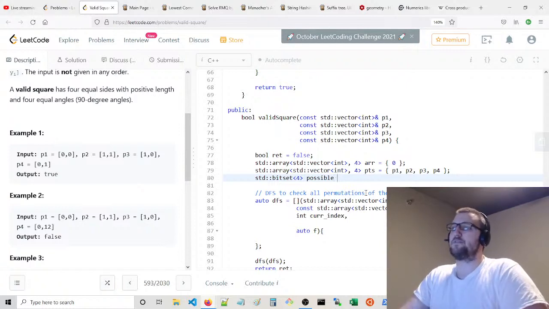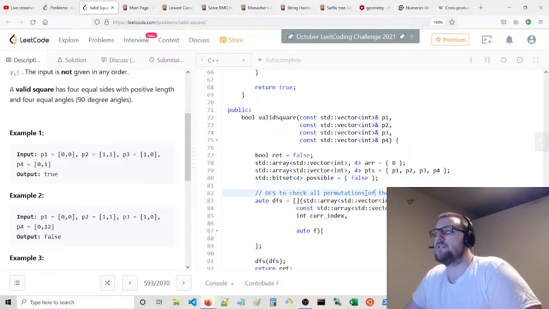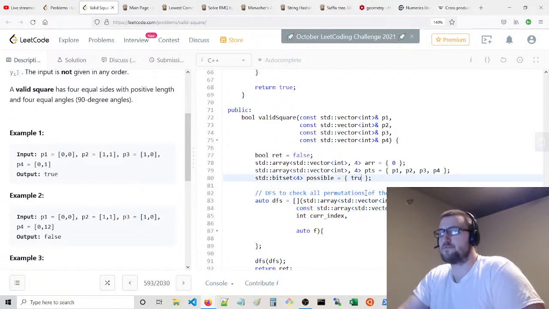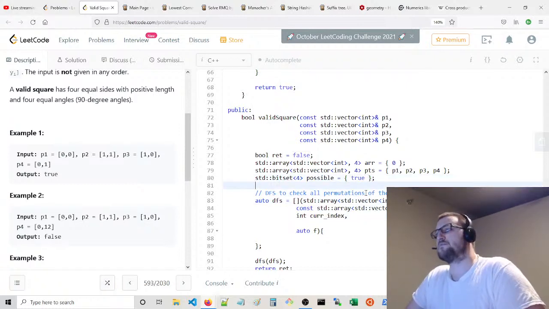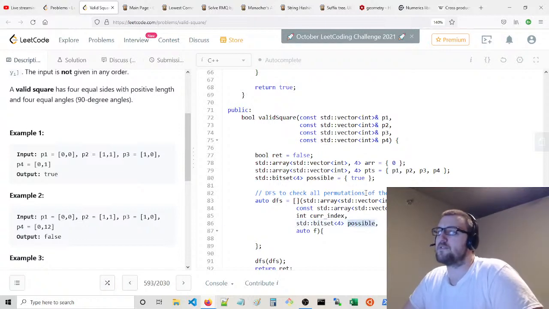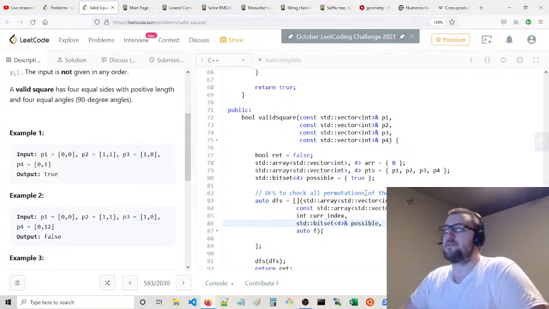I think they all start off at false. Something like this. Actually true. Something like this as well. And that has a reference.